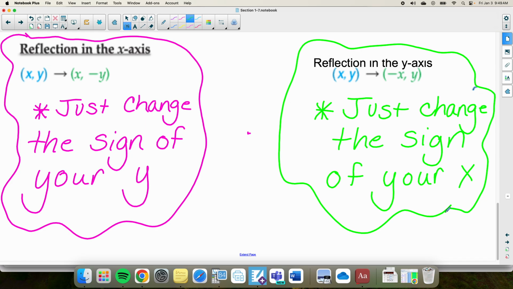So if you would write those two rules on your cheat sheet somewhere.